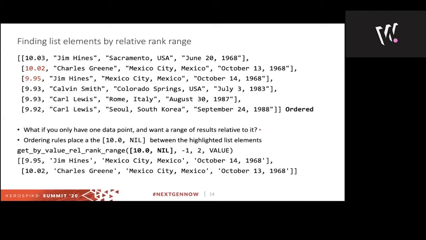There is no exact record that has 10.0. But we're going to describe that data point, and you can see how we can now ask for: start at the value 1 to the left of it, that -1, and give 2 from there. And that gives us the two that are marked in red.